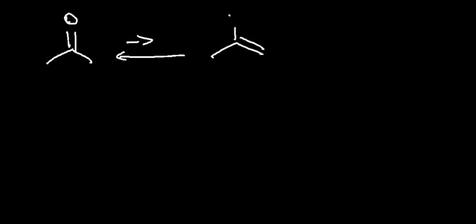So now we're going to go over the enol-keto tautomerism. So let's say if we have a ketone, it can convert into an enol, which looks like this. It's a double bond with an alcohol.